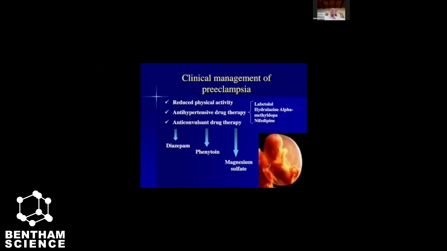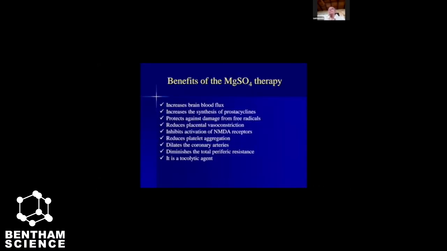Finally, I would like to mention something about the clinical management of preeclampsia. Basically, what is used is the antihypertensive drug therapy and the use of magnesium sulfate. Magnesium sulfate has several benefits for the pregnant women with preeclampsia.